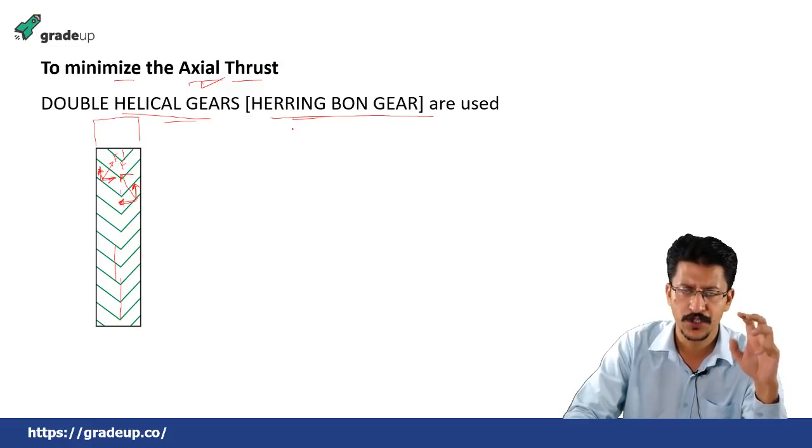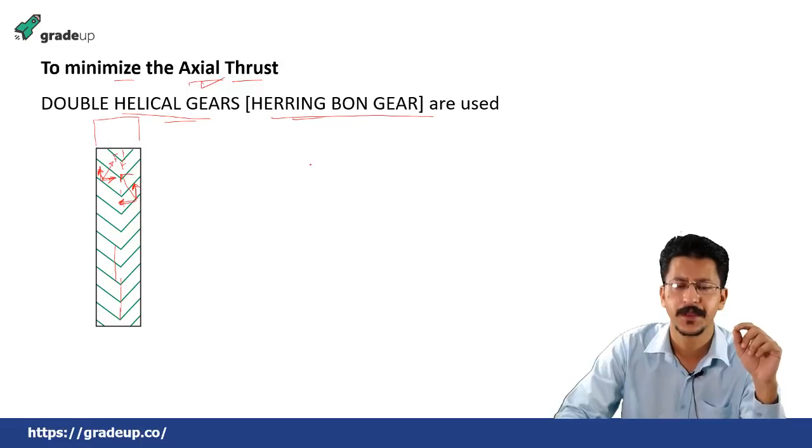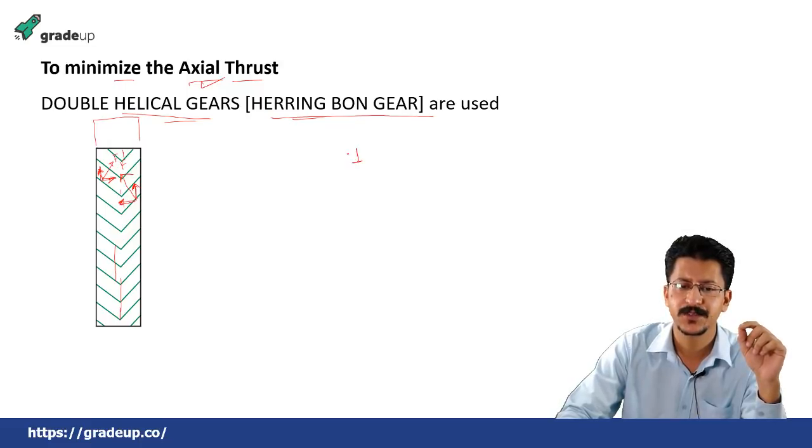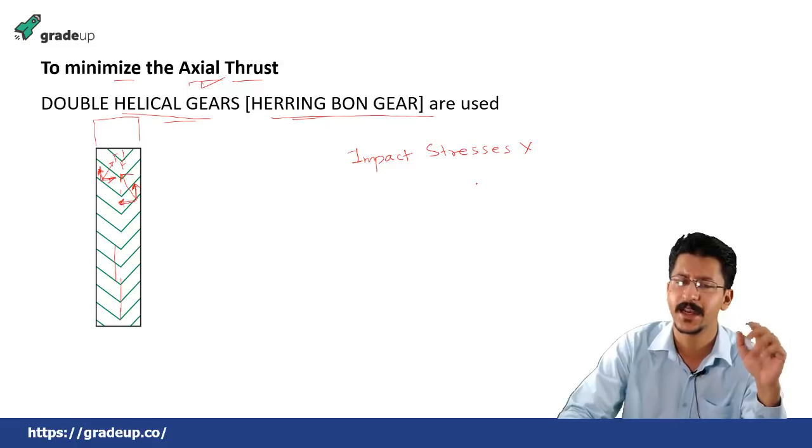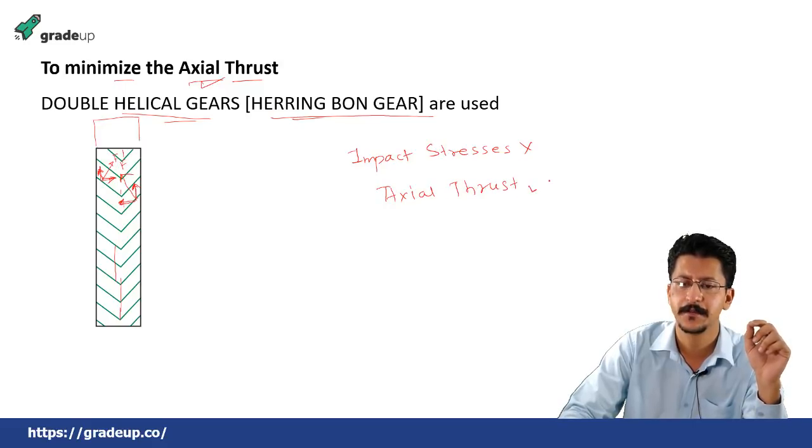So there is a question that in the case of helical gears, impact stresses are not present. Even if it is a single helical gear, impact stresses are not present. That is clear. But axial thrust exists. Axial thrust is present.